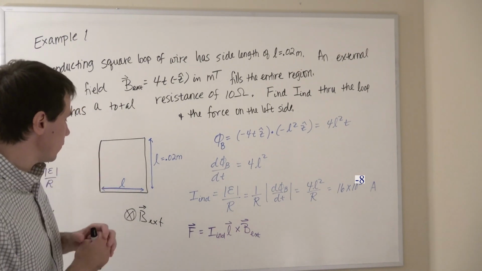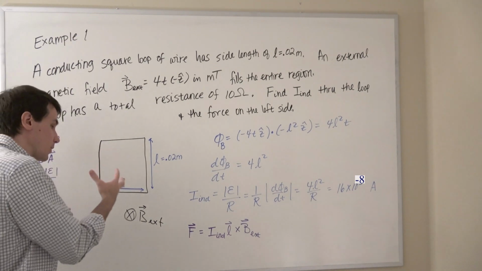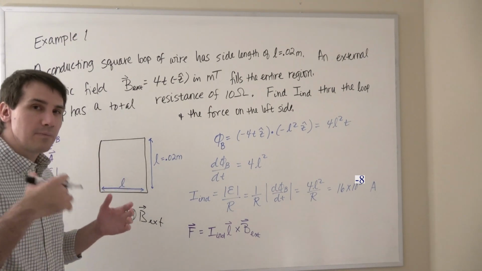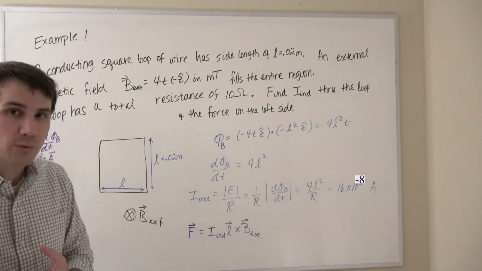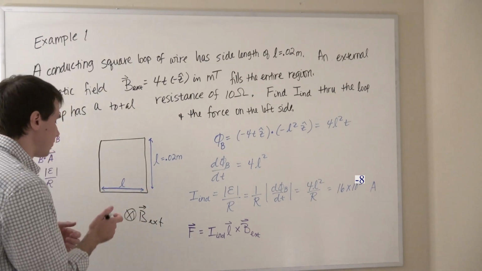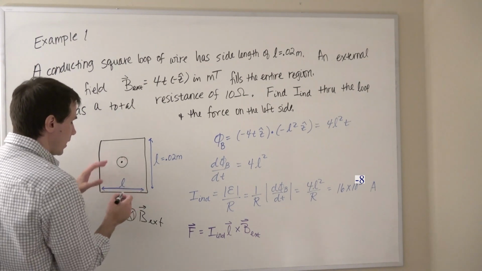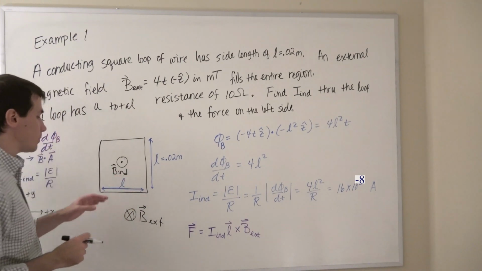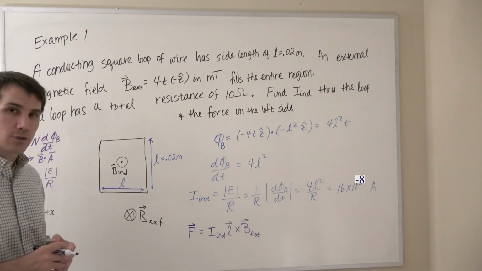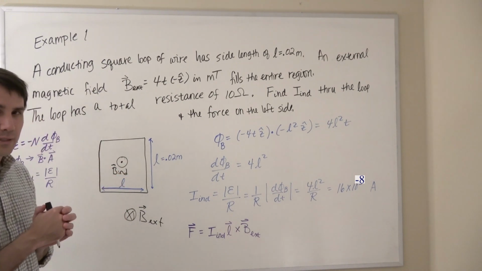Next, if the flux is increasing in that direction, the magnetic field induced by the loop will oppose that external magnetic field, which means that our induced magnetic field should be out of the page.